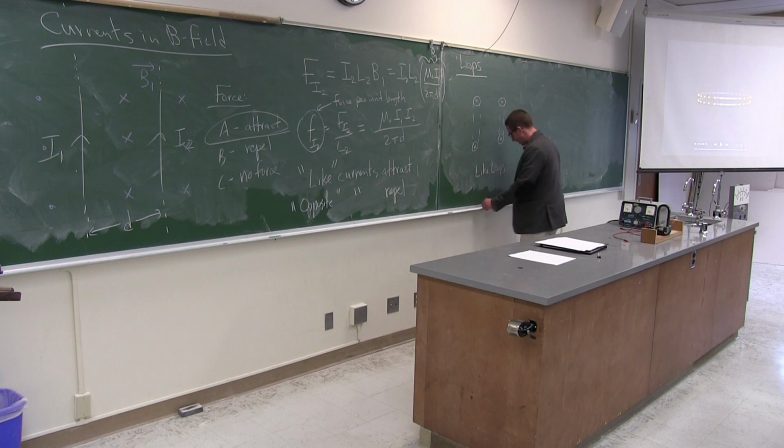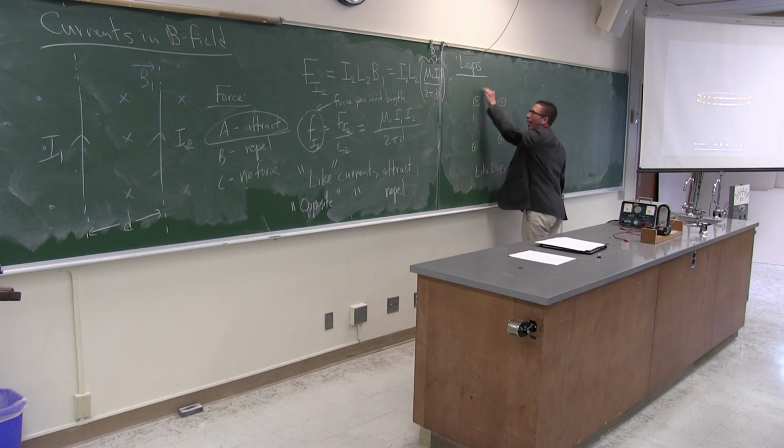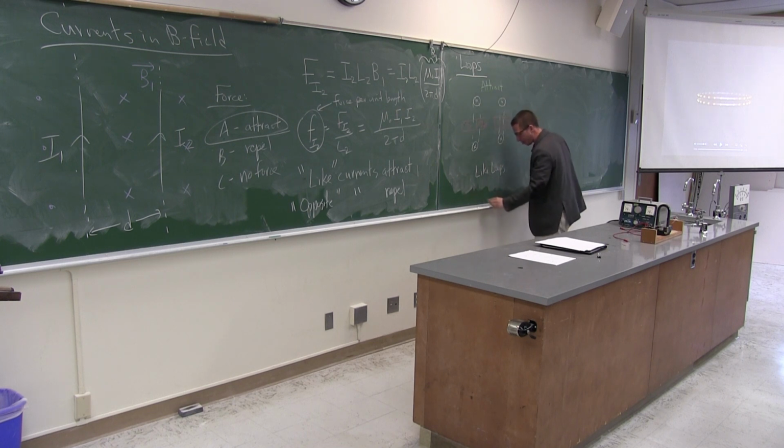Correct, yeah, this would be like a little magnet where the north pole is on the right side. So same thing with this other loop right here. We would have north, south. Right, so you can see why they would attract.